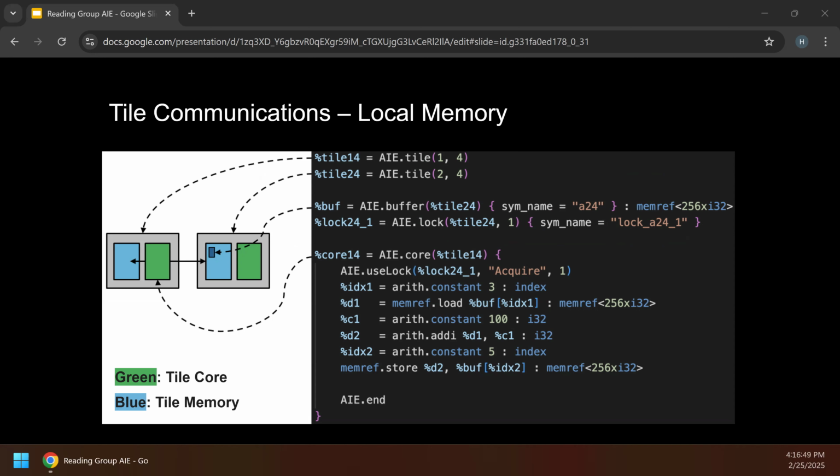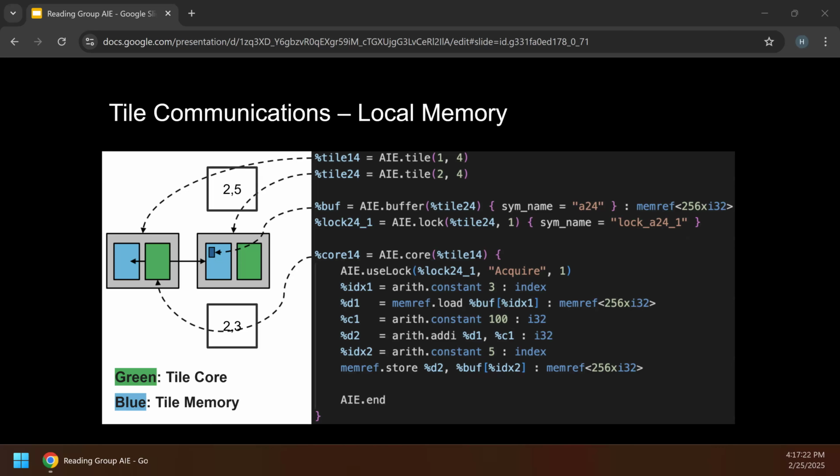In the diagram here, we can see that the local memory of tile 2, 4, which is on row 2 and column 4, is adjacent to the core in tile 1, 2. If we expand the diagram further, we can see that tile 2, 3 and tile 2, 5 can also access the buffers inside tile 2, 4.